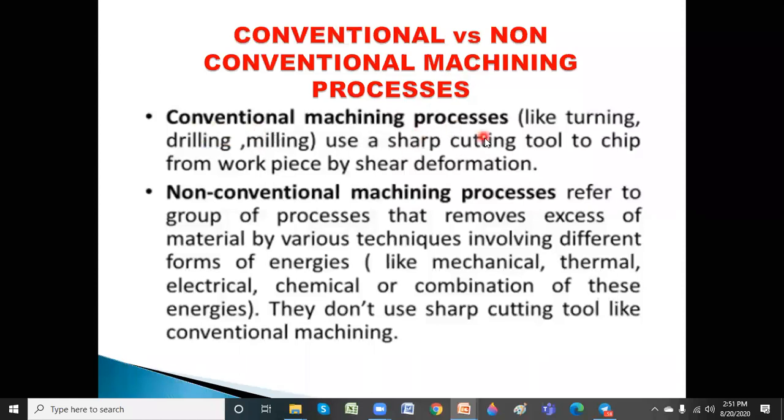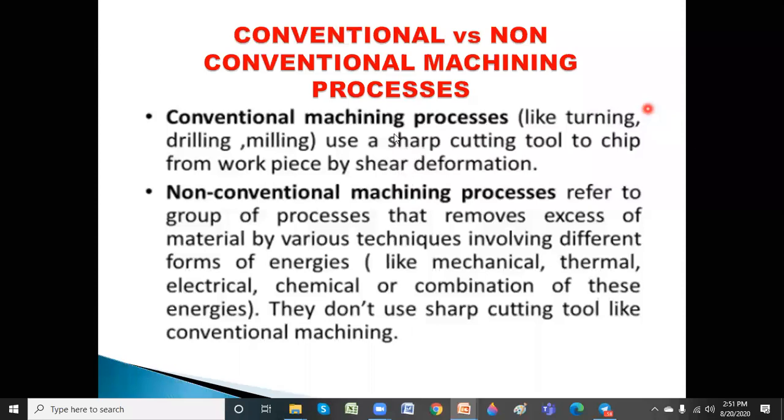A conventional machining process is one which uses a sharp cutting tool to chip the workpiece by shear deformation. If you consider a lathe as an example, I am performing a turning operation on a lathe.